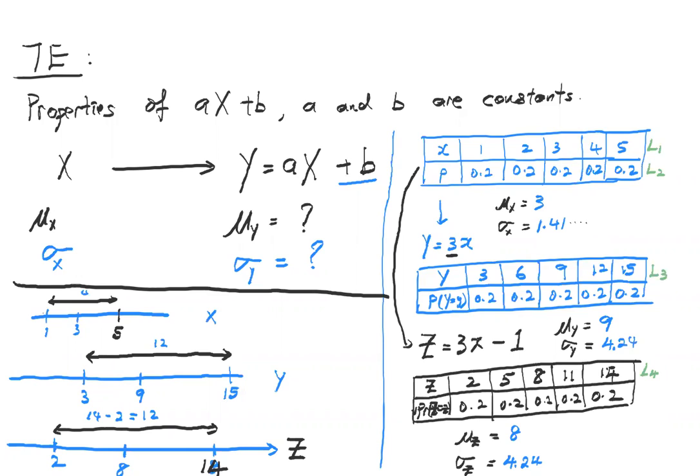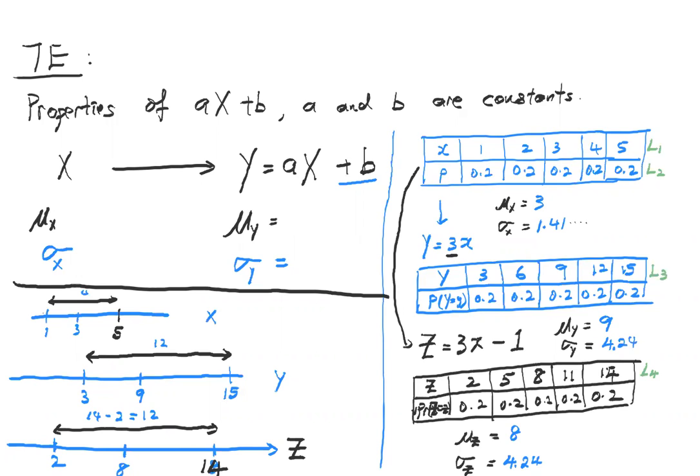We are trying to tell you that if I change from one variable to another variable, the only thing that will change the spread is when you multiply. You multiply, then the spread will become bigger. If you plus or minus, the spread will only move from one place to another place. That will not change the spread.